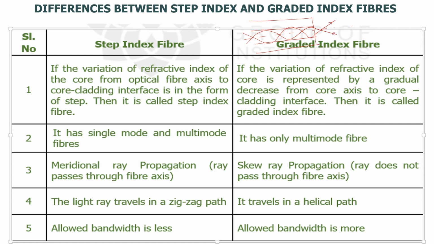So you can see it is not passing through the axis. It goes like this only. So this is skew propagation, whereas it is not the case for the step index. Then the light travels in a zigzag path. Here the light travels in a helical path. That is what is shown, helical path. Allowed bandwidth is less. Here the allowed bandwidth is more.